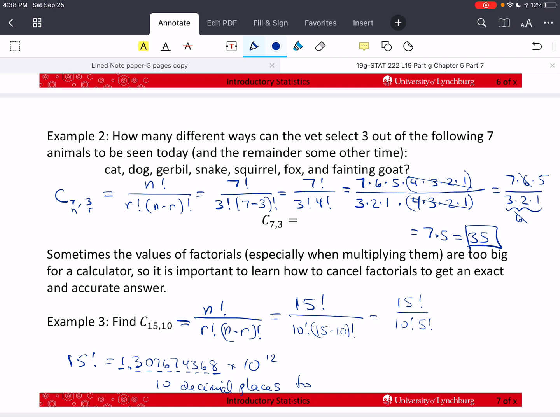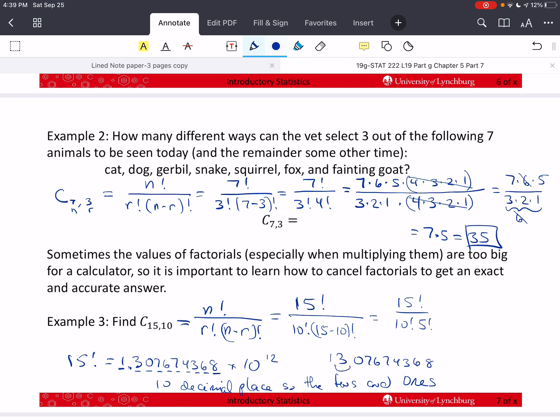So the tens and ones, the last two numbers, we'd have 13076743668. Okay, so I'm sorry, there's going to be 10 decimals out of 13 here, because it's 10 to the 12th.